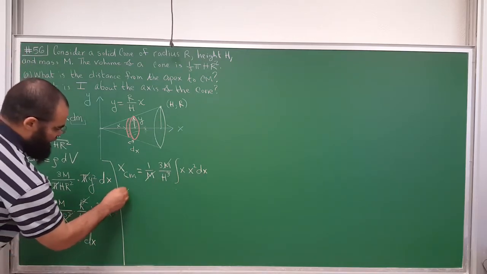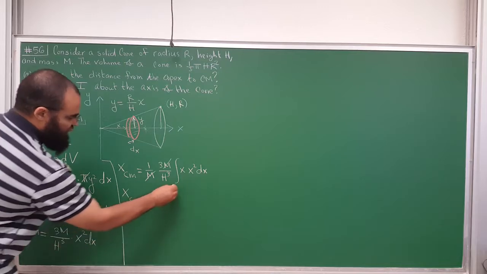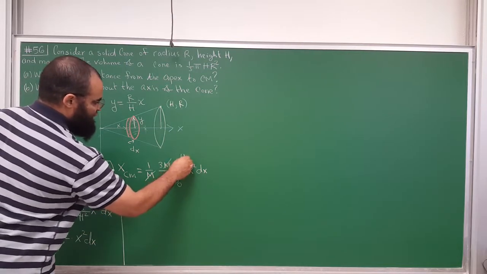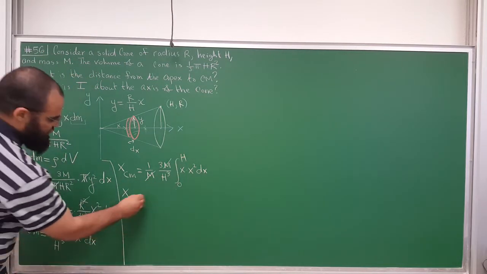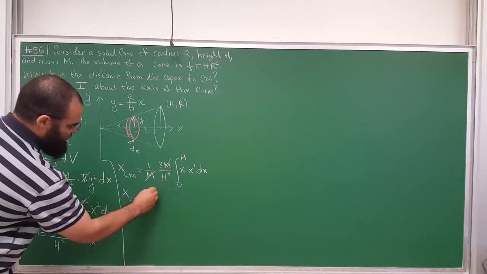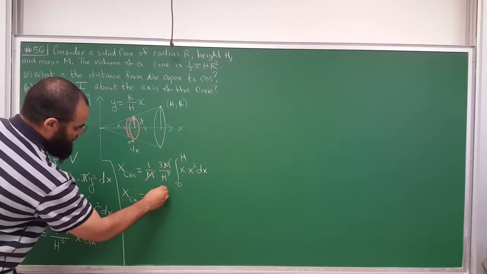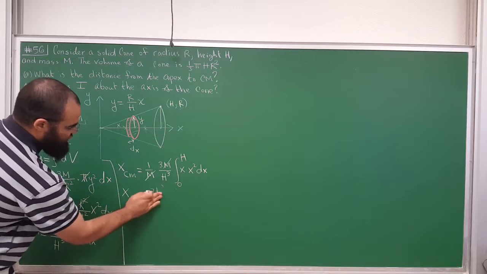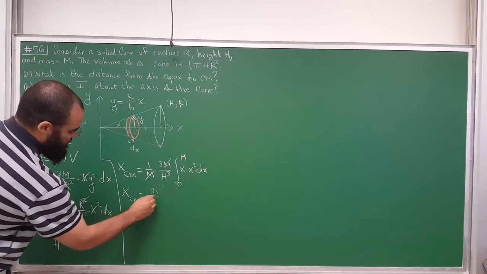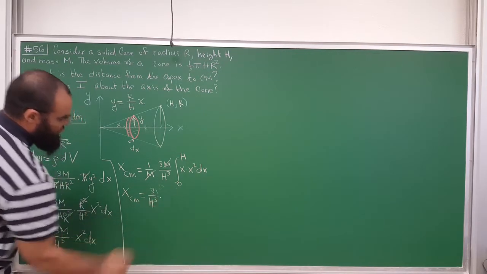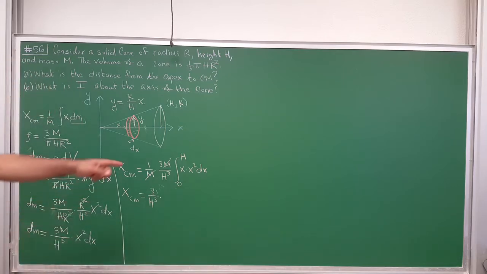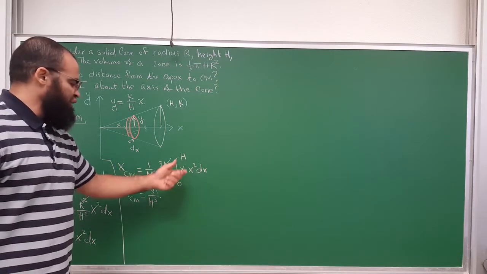So you get x center of mass. We integrate from 0 to h. X center of mass will equal 3 over h cubed times this integral. This is x times x squared, which is x cubed.